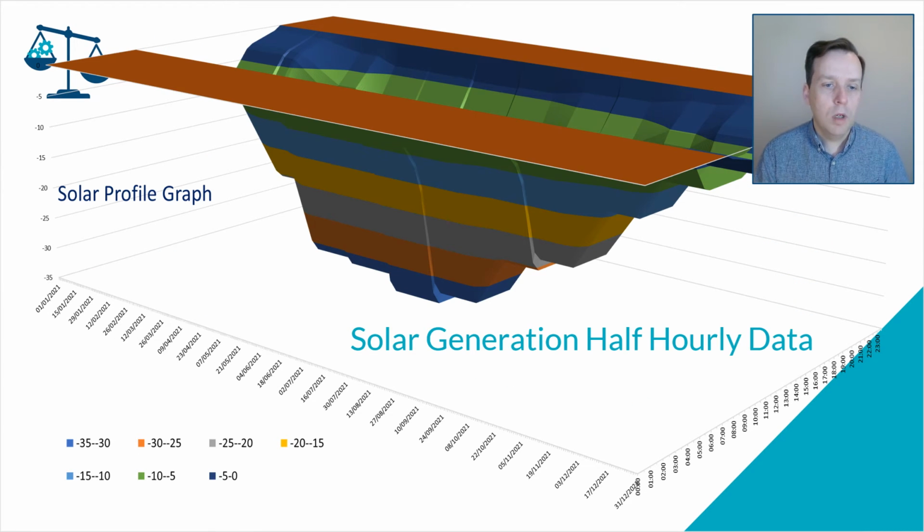Now, this golf club wants to apply significant solar because they have a spare area. So this is a half-hourly representation of solar generation.